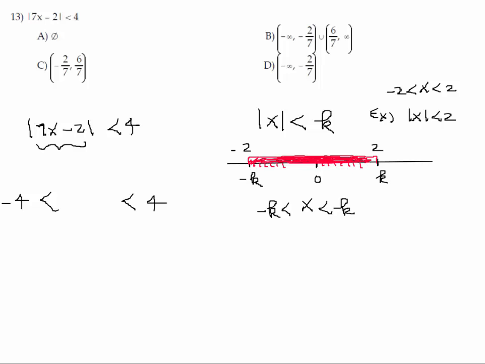That's your x, really. So absolute value of 7x minus 2 less than 4 means 7x minus 2 between 4 and minus 4. First of all, if you understand this concept, solving absolute value inequalities becomes really, really simple.